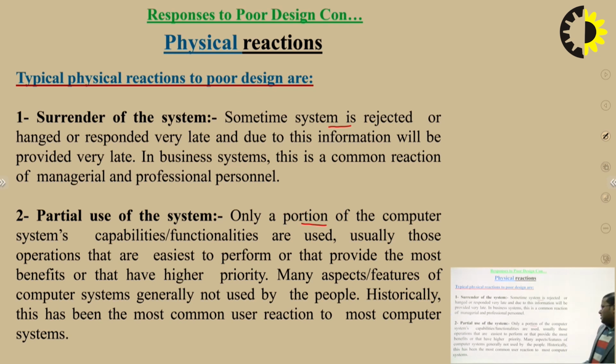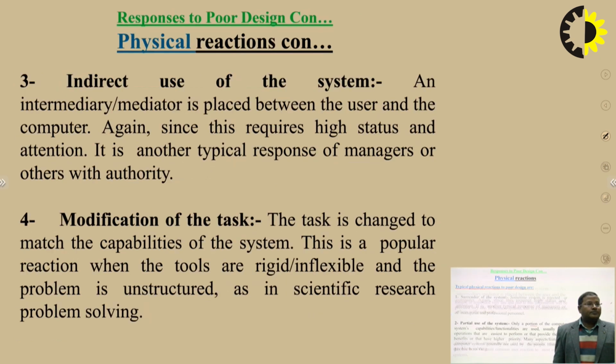Many features of the computer system are generally not used by people. Historically, this has been the most common user reaction to most computer systems. Only some parts of the system are used, those having the higher priority. So less priority elements are not used by the user.